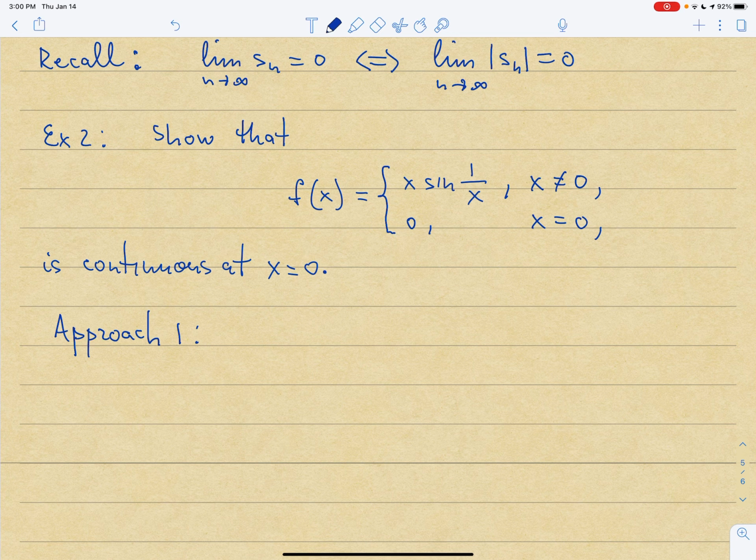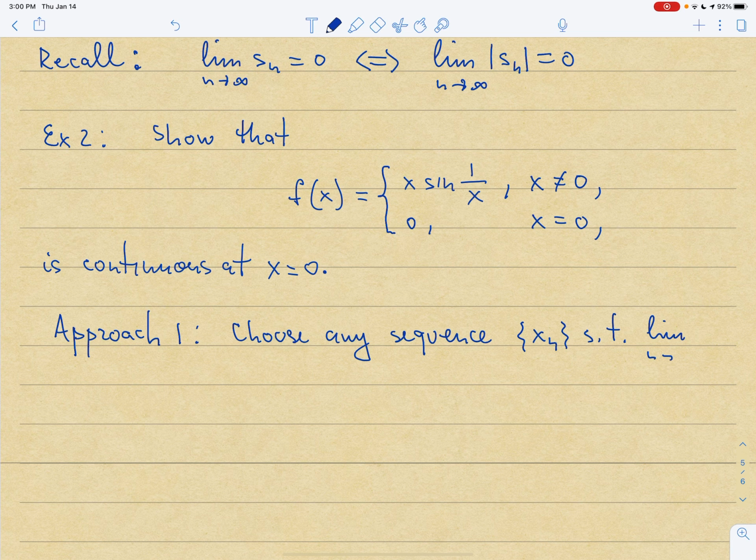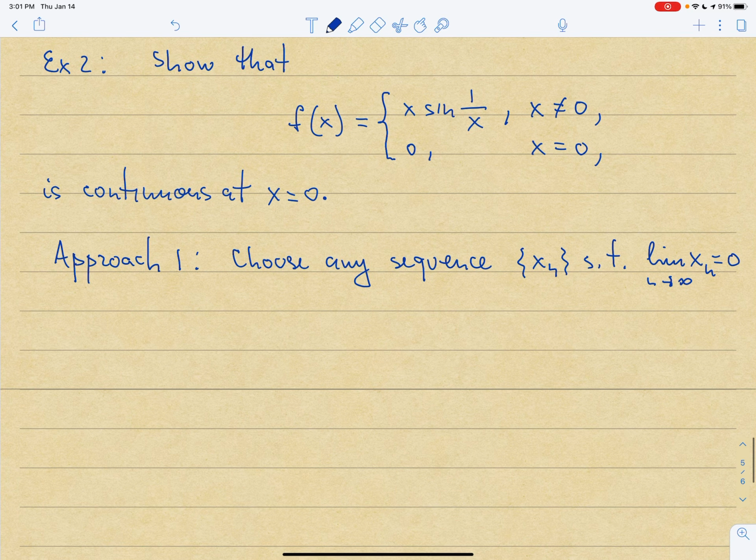First of all, before I take a limit, I'm going to choose any sequence xn such that the limit when n approaches infinity of xn is equal to 0. Right, because I'm trying to demonstrate continuity at 0, so continuity at x equal to 0 means that I choose any sequence xn that goes to 0, and I have to prove that the limit of the sequence f of xn must also be 0.